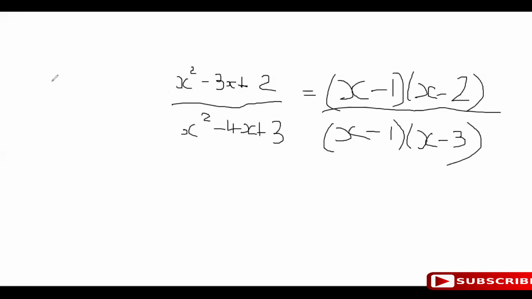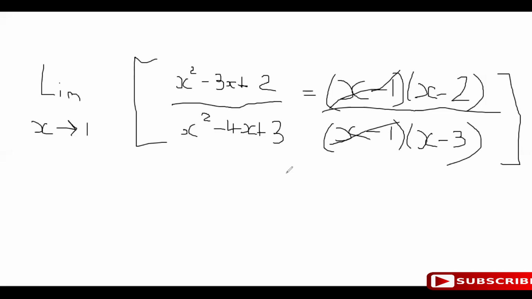Therefore, the limit as x goes to 1 of this is the same as the limit as x goes to 1 of what's on this side. The x minus 1 cancels the x minus 1, and I'm left with the limit as x goes to 1 of x minus 2 over x minus 3.